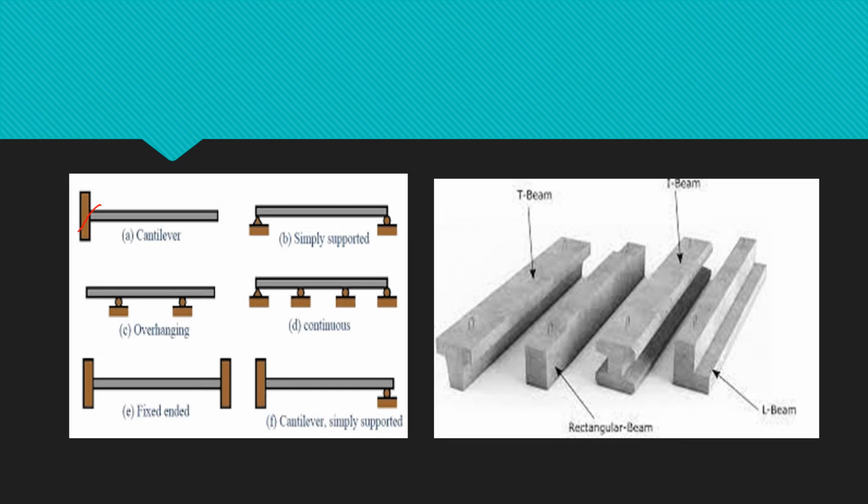The location of the support is at both ends of the beam. Next is overhanging. The overhanging beam is supported in between the beam. Next is continuous. A continuous beam is supported at both ends and in the middle of the beam.